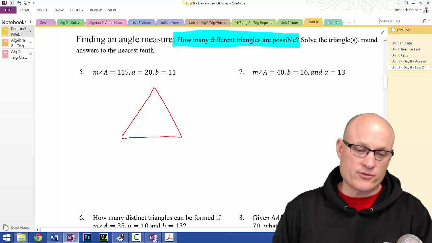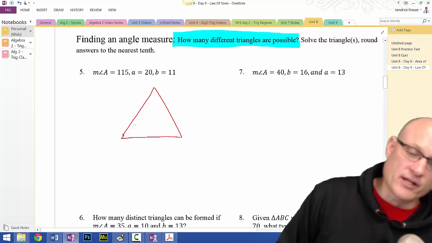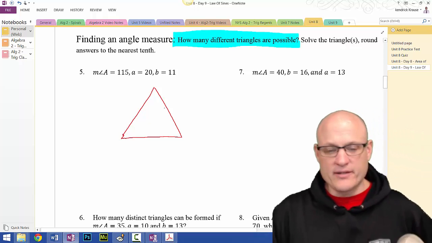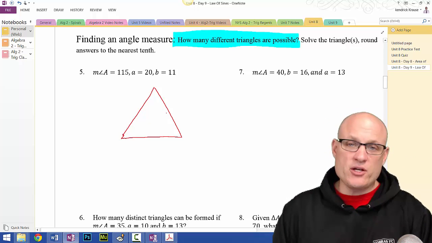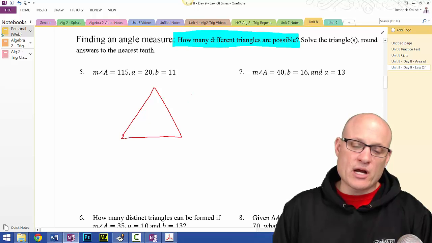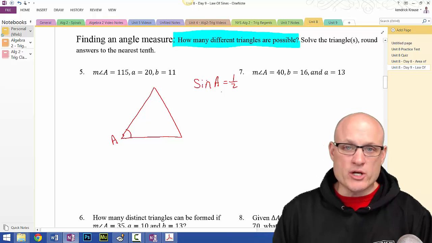You might want to call it an equilateral triangle. It's pretty close. But it's acute: 3 angles less than 90 degrees. Let's say when I was doing my math I found out that the sine of angle A was equal to 1/2. I'm just going to pick something we know.